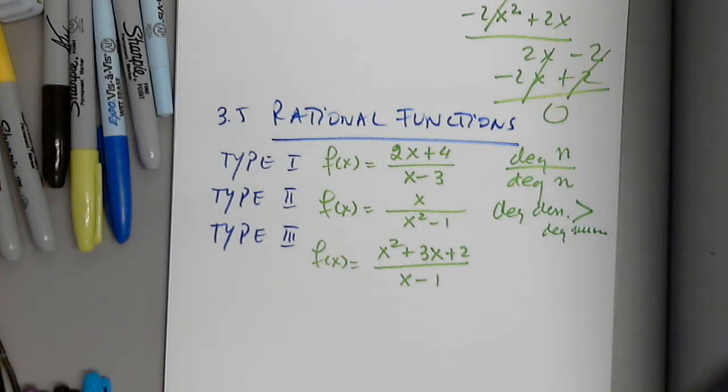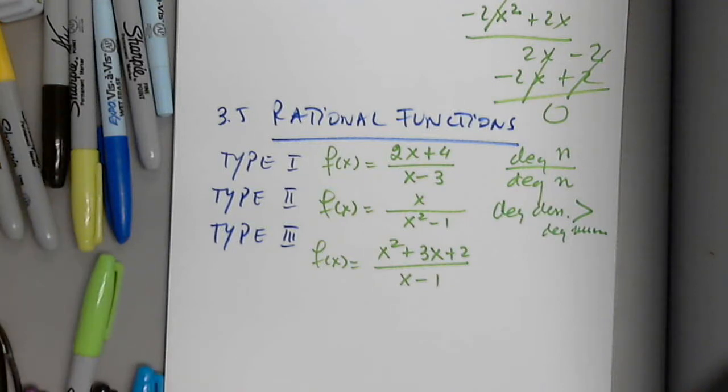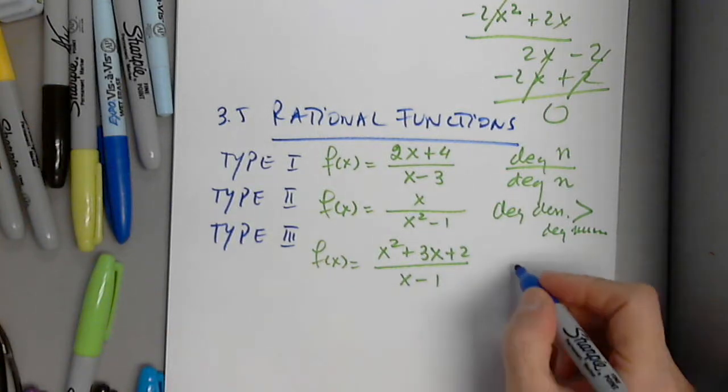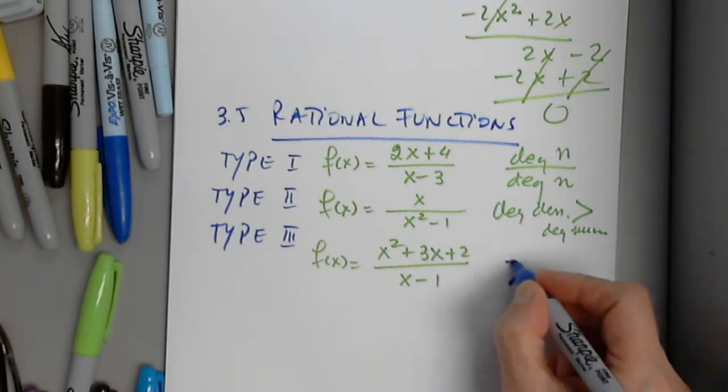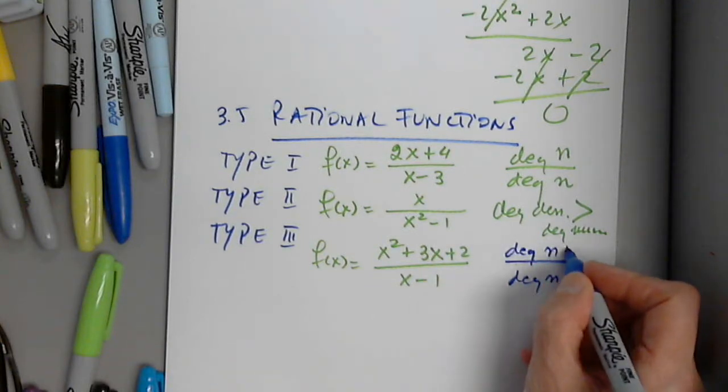Just write larger degree in the denominator. That's good enough. What about the last one? What do you notice in the last one? The numerator has a higher degree. Yes, but exactly by how much? Because we cannot go beyond that in algebra. Exactly by 1. So I will write degree n, and the top is degree n plus 1.